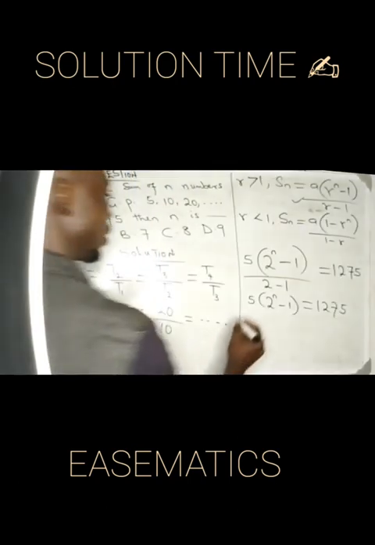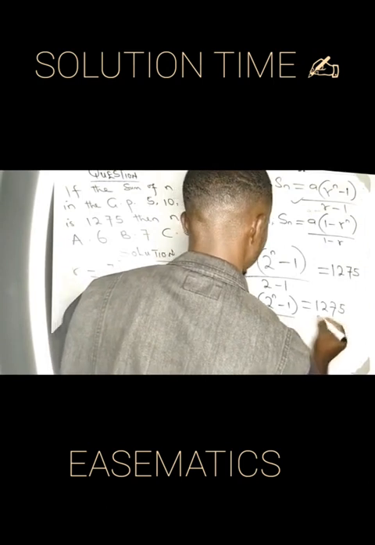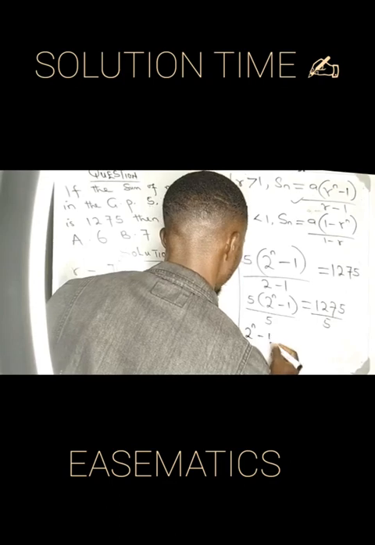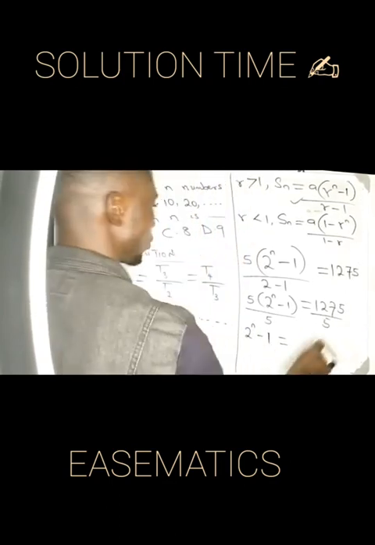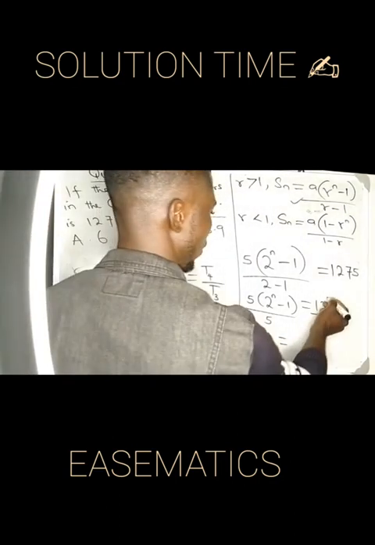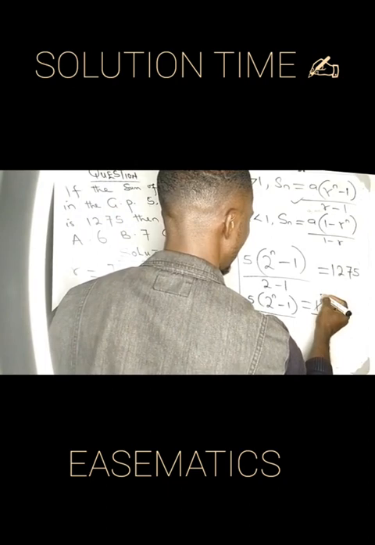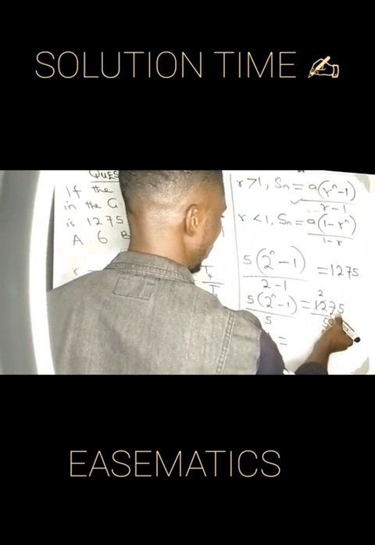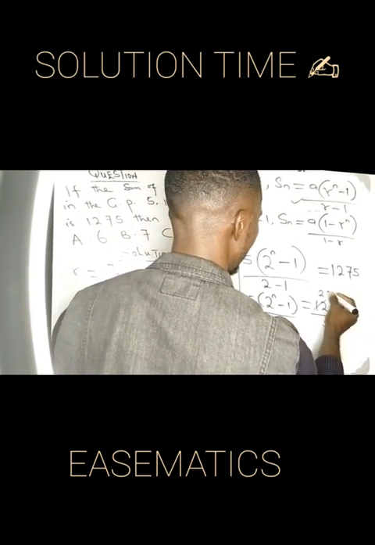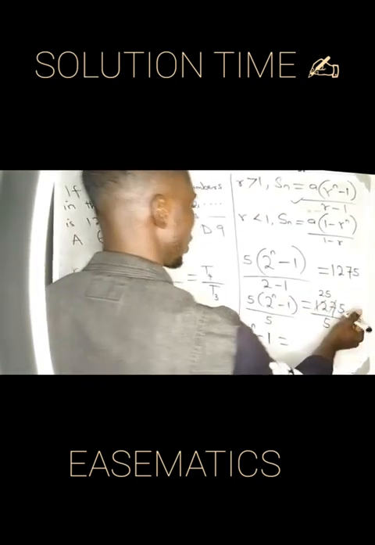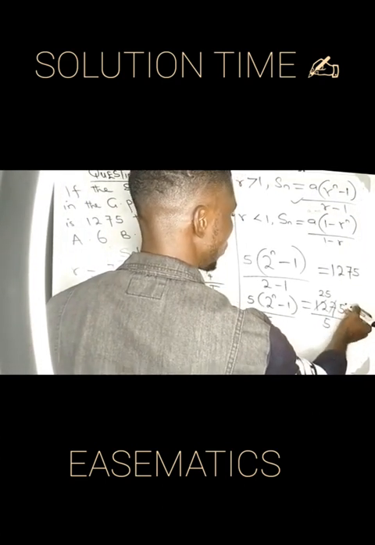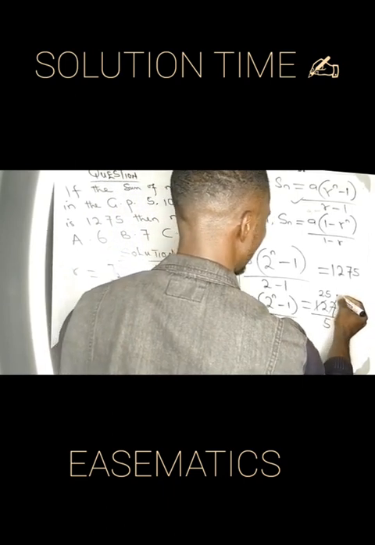If we divide both sides by 5, we have that 2 to the power of n minus 1 is equal to 1275 divided by 5. 5 divided into 12 gives 2 with a remainder of 2. 27 divided by 5 is 5 with a remainder of 2. 25 divided by 5 gives us 5.